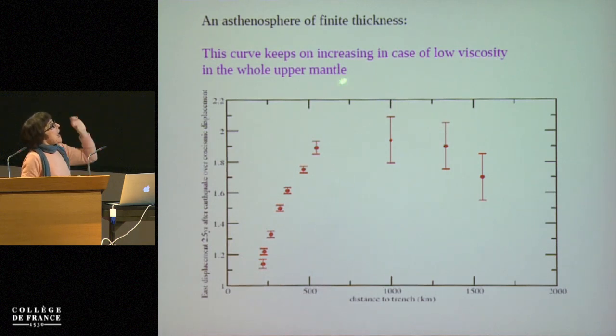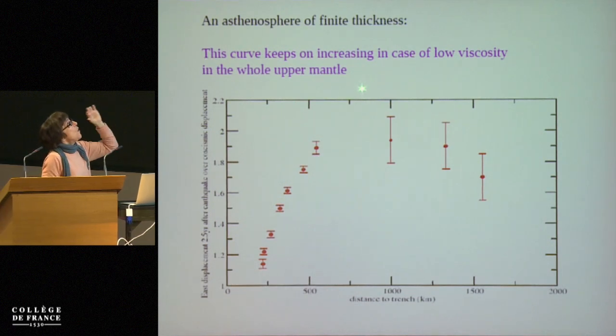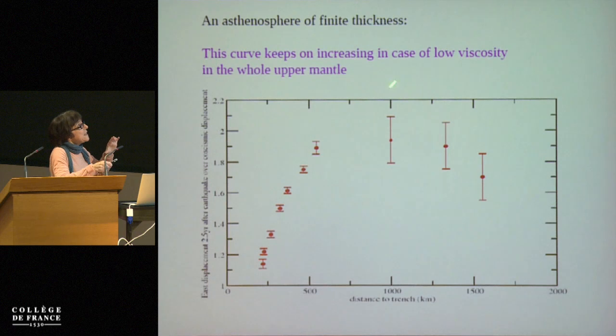Here I put an asthenosphere with a thickness of 150 or 200 kilometers. If the asthenosphere has a thickness of something like 600 kilometers in the whole upper mantle, these curves continue up straight like this in the model.